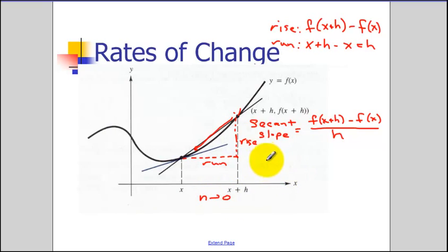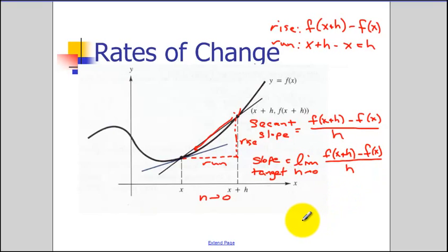So when we want to find what something approaches, we can use limits. The slope of our tangent line would be the limit as h approaches 0 of this expression up here. This is one of the most fundamental things in all of calculus, and we'll be using that over the next couple days to explore problems.